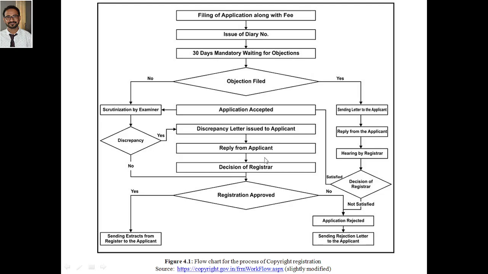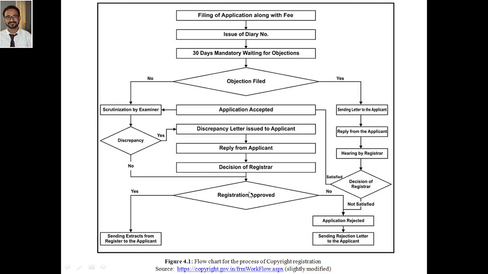A discrepancy is nothing but doubts raised by the examiner. The applicant has to reply, and that has to satisfy the examiners and the registrar. The decision of the registrar is based on your reply. If they are satisfied, they go for registration of the approved work, and if there is no discrepancy, it directly goes to registration approved.